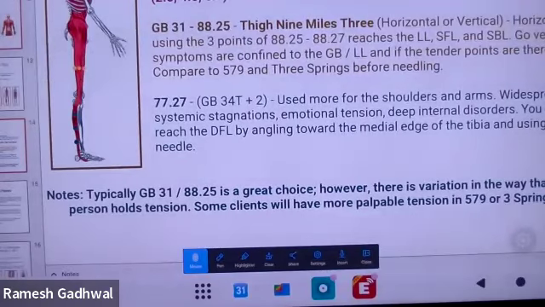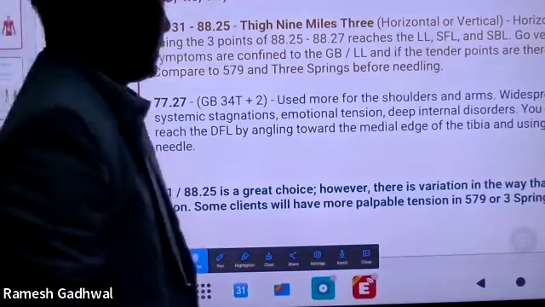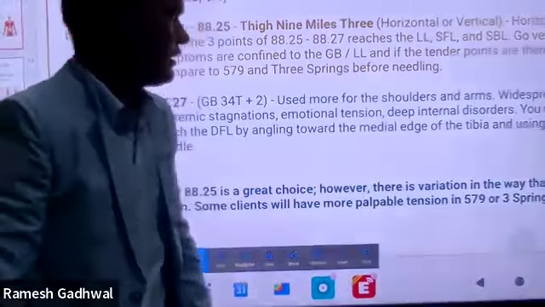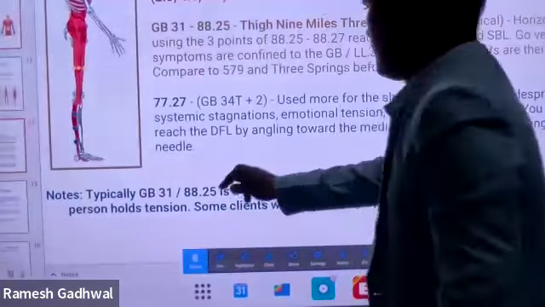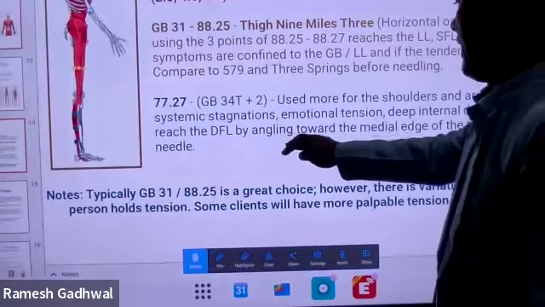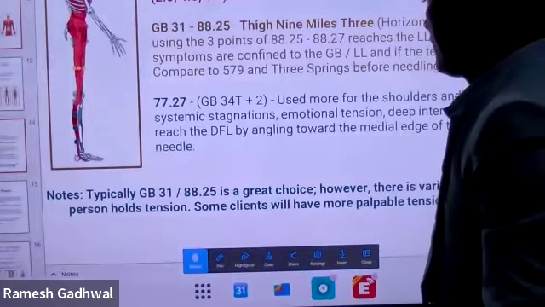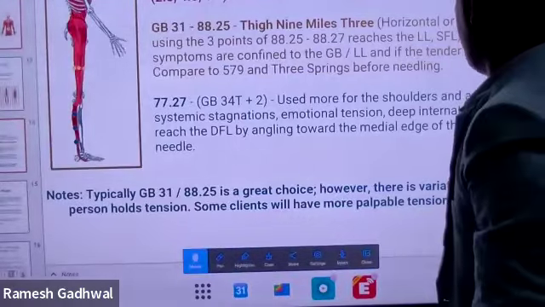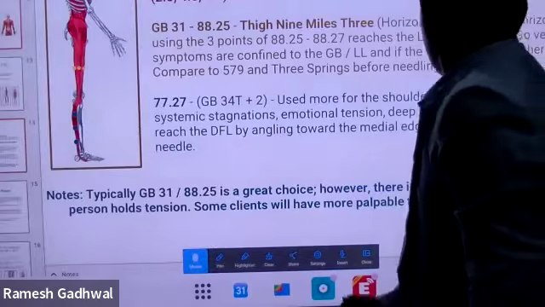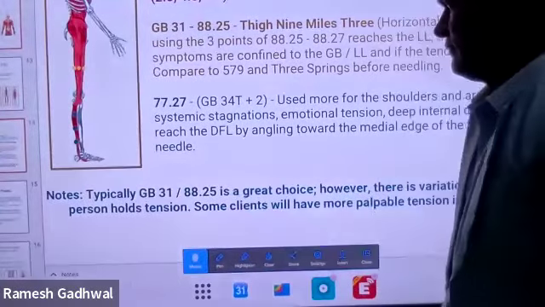Then GB34 and others are used more for the shoulder and arms, for widespread systemic stagnations, emotional tension, and internal disorders. You can reach the deep front line by angling towards the medial edge of the tibia and using a long needle.